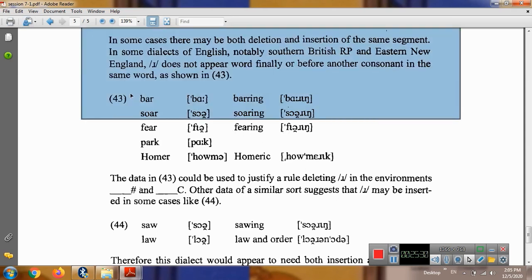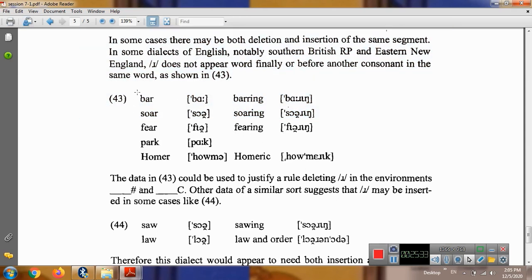In the first column, which is the representational, the phonetic form of these sounds, we have the deletion of r, but after adding a suffix, which here is -ing, we have the inserted form of that.